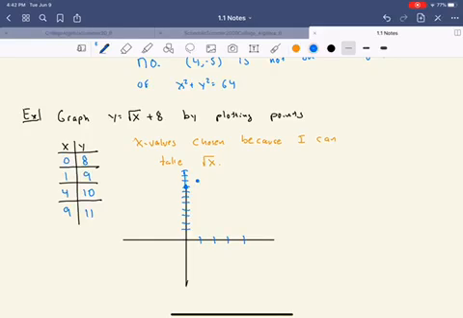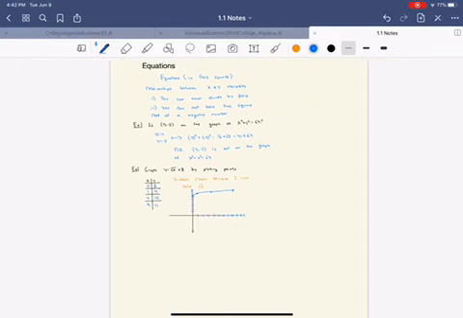Go to 4, y is 10. Out there at 1, 2, 3, 4, 5, 6, 7, 8, 9, y is going to be 11. So I end up getting a plot that looks like so. Okay, that's y equals the square root of x plus 8.